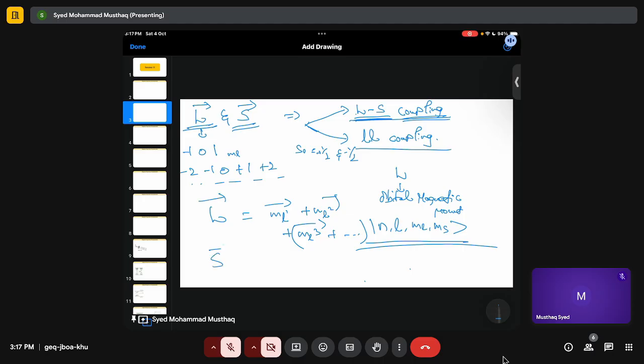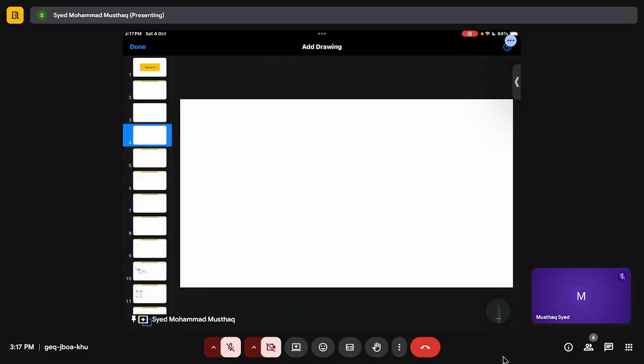Same goes for spin. All the MS values will get added up. Then you will have a resultant number. You start with L minus S minus 1 and so on, then you have L minus S, L minus S plus 1.